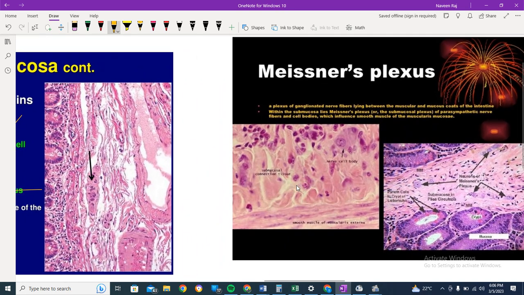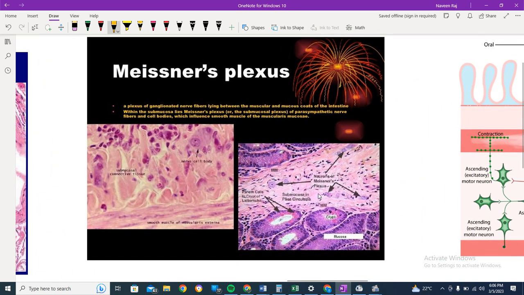And here we have got Meissner's plexus, and you may read out the statement, but I'm just stating that Meissner's plexus is the one which is responsible for the control of the blood supply.